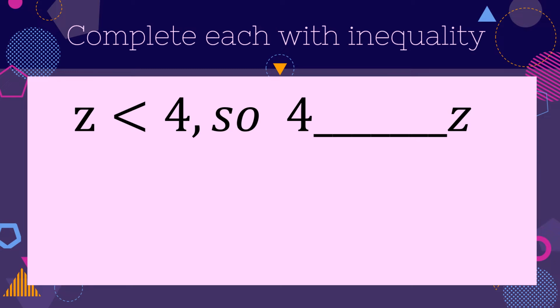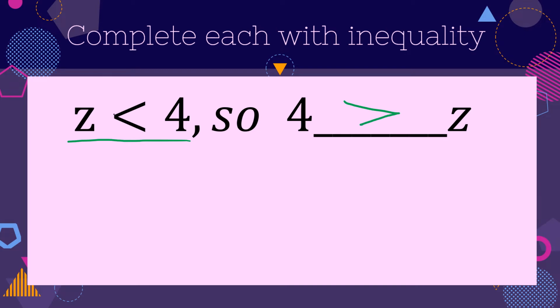To begin, this first part is not on your notes, but I want to just go over the idea of flipping an inequality. So you don't need to jot this down, but we do need to make sure to understand it. If I tell you that z is less than 4, and I want to flip-flop that, if I flip the letter and the number, I also need to flip the symbol.